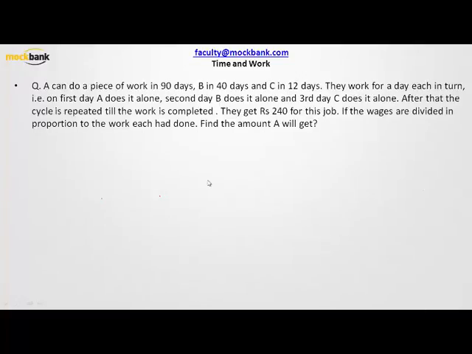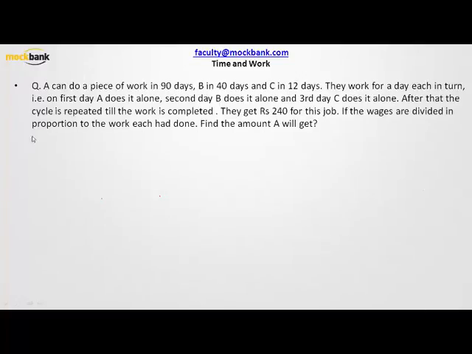This problem also says that they are working on alternate days starting with A. It also says that after the work they have been given 240 rupees for the job, right? So how much money A should get out of this 240 rupees?